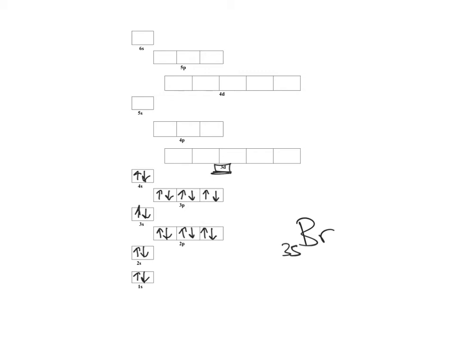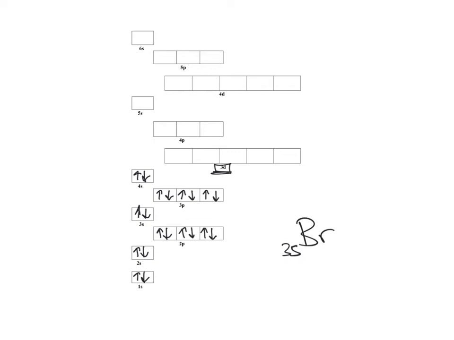And because of the way the Schrodinger equation works and quantum mechanics and all sorts of crazy stuff that's beyond the scope of this class, the 3d actually holds higher energy values than the 4s. So it comes above the 4s, but it has lower energy values than the 4p. So it goes between 4s and 4p. So it gets filled in after the 4s. I know it's weird, but you're just going to have to accept it or major in chemistry or physics.